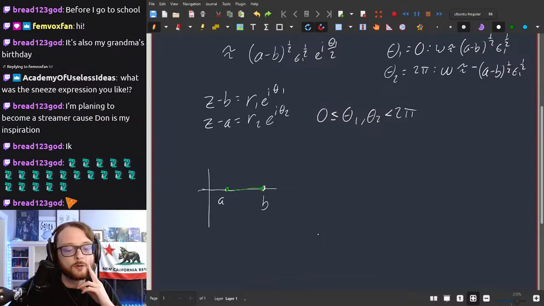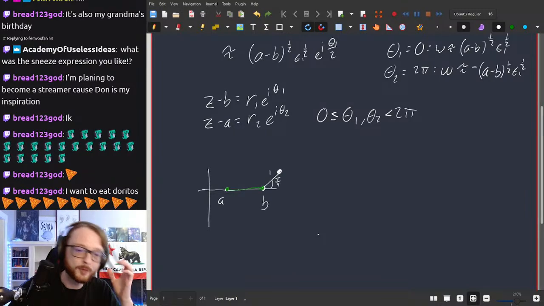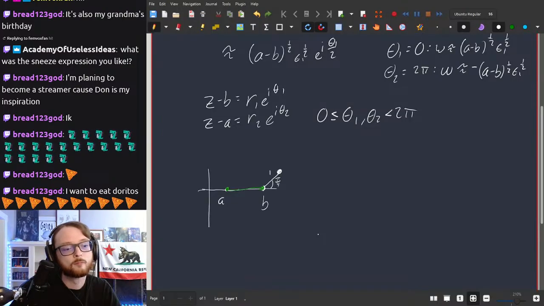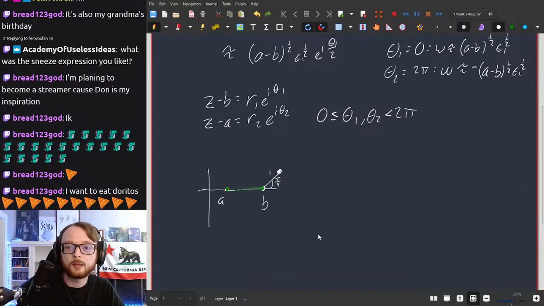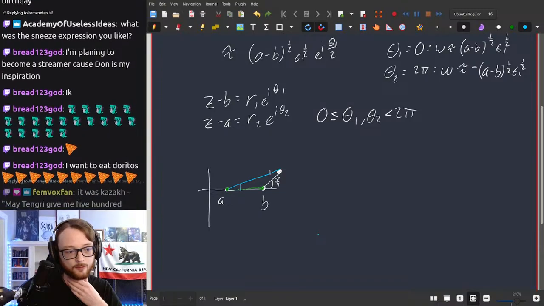So if I choose a point right here, let's just say that's length 1, angle pi over 4 from B. How does A measure this point? We need this angle and that length.